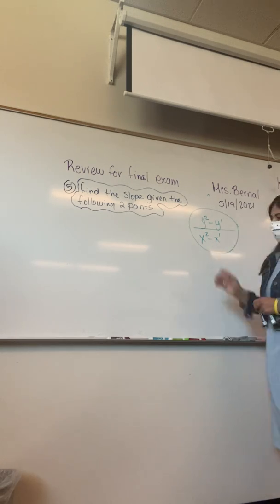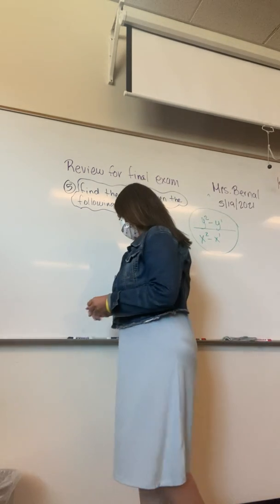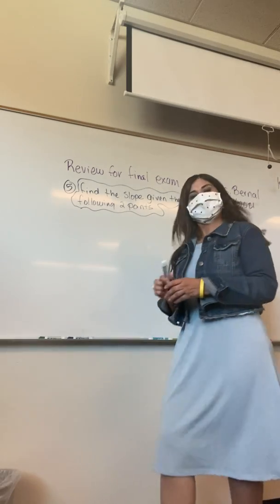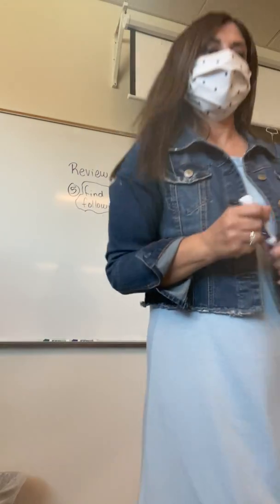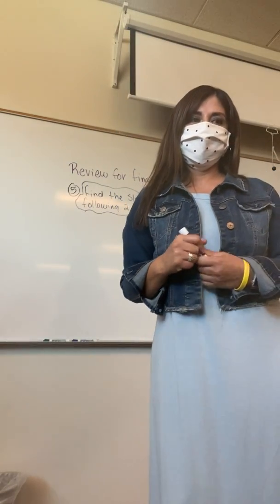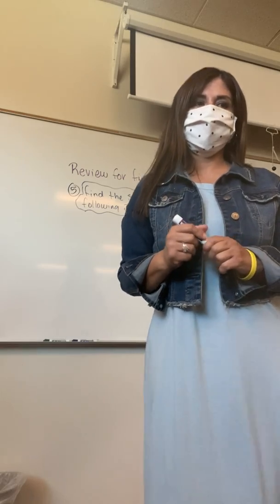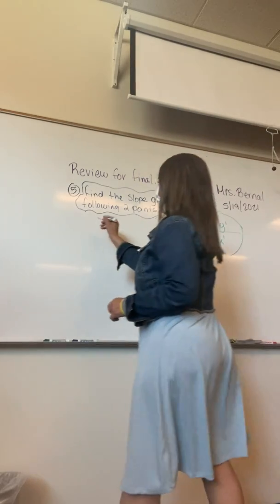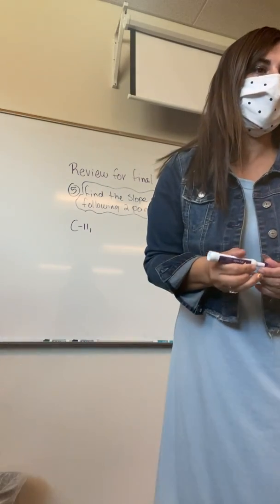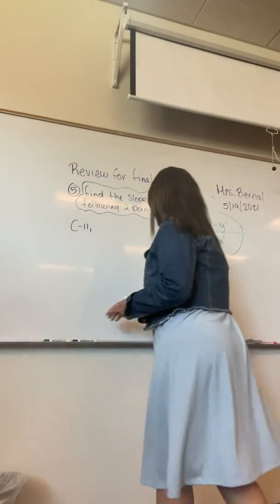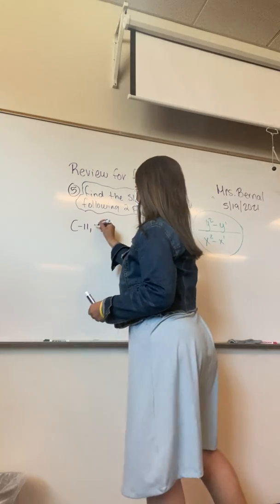We plug in this formula again. So I'm going to start writing, and the first point they're giving us is -11, 17. I'm going to use different colors this time, guys.